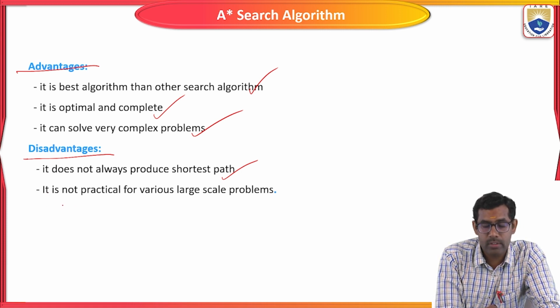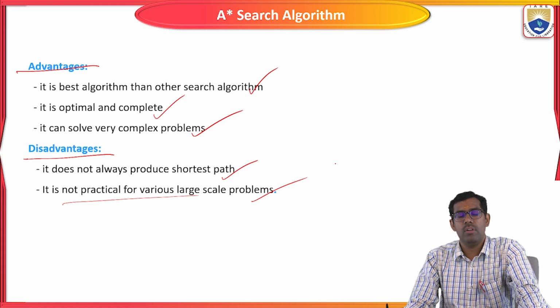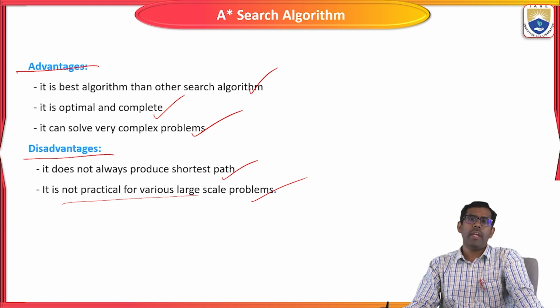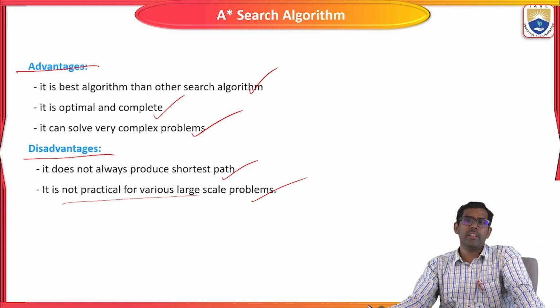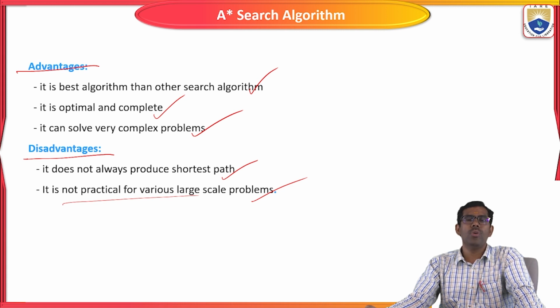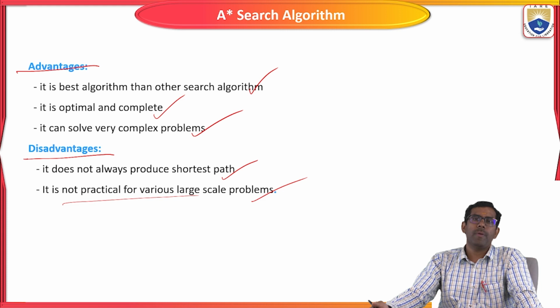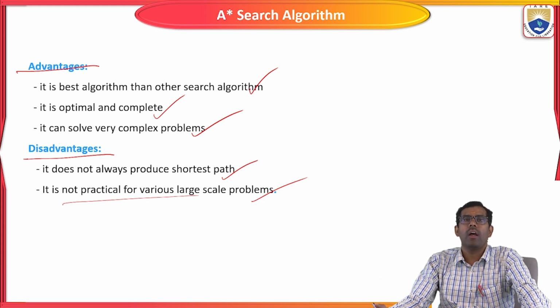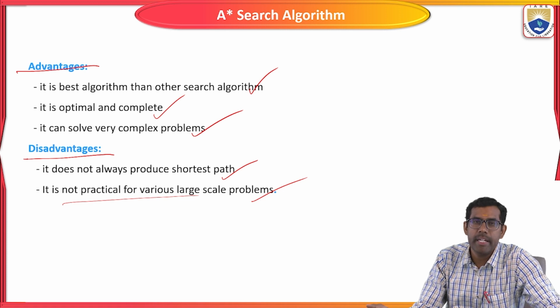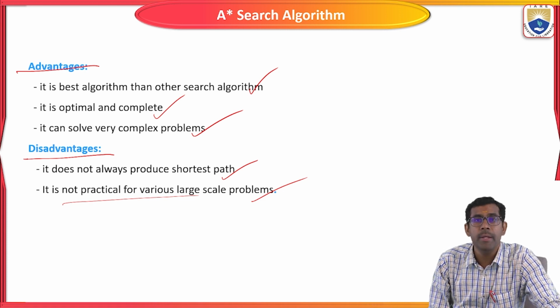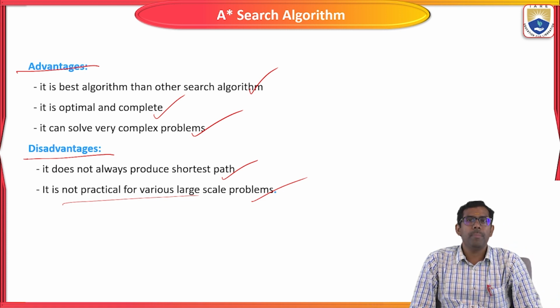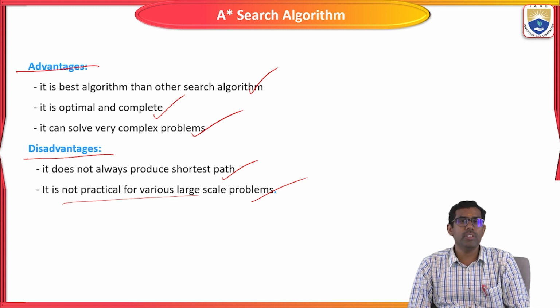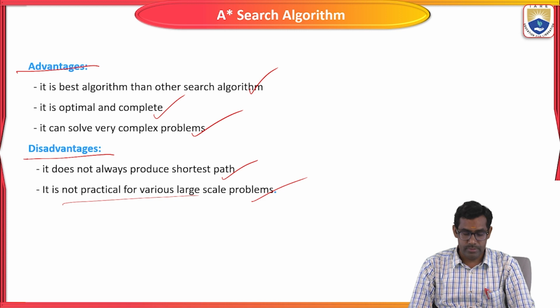It is not practical for very large scale problems. If you have the heuristic function and the cost of the starting node, we can easily calculate. But with a large number of nodes and heuristic values, it is very difficult to find; practically it is not possible to find all the possible values. Those are the advantages and disadvantages of the A* search algorithm.